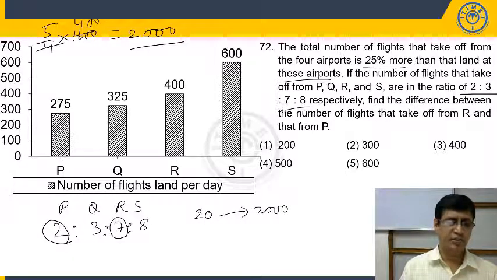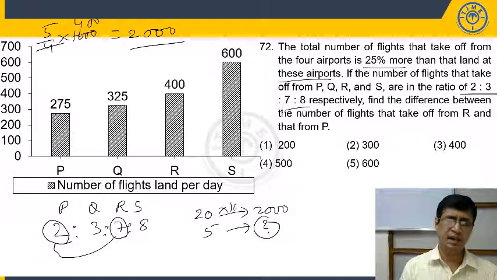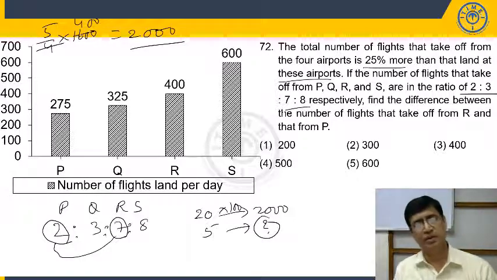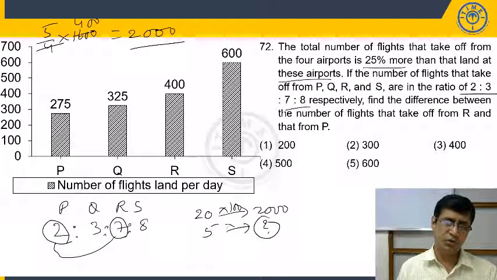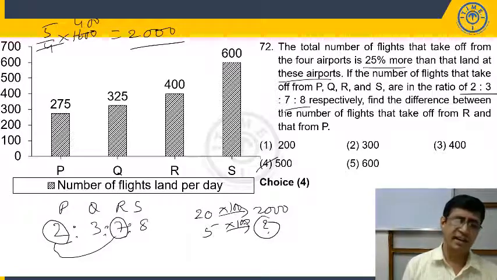Then what is the difference in these two parts? Difference in these two parts is equal to 5. 7 minus 2, it is 5. So 5 parts is equal to question mark. So how many times of 20 is 2000? It is 100 times. So 5 into 100 is the answer. So the right choice is option number 4. Choice 4 is the correct answer.